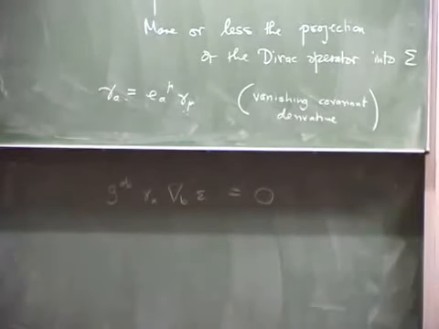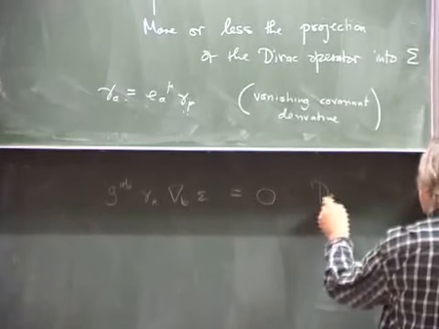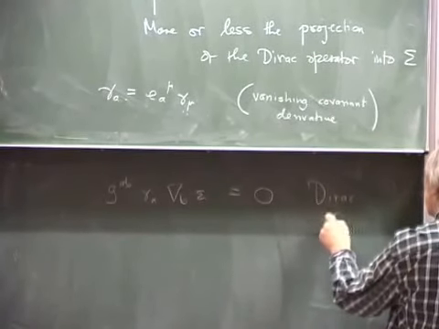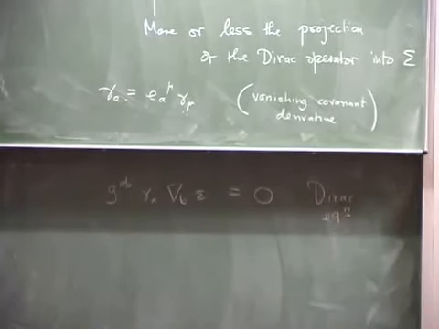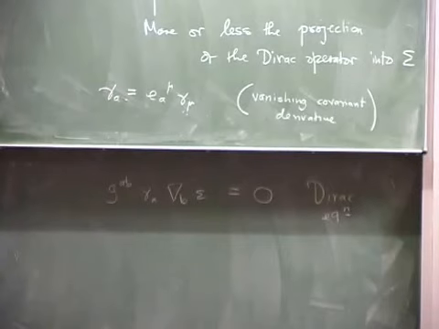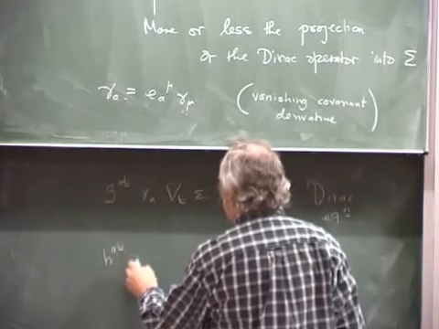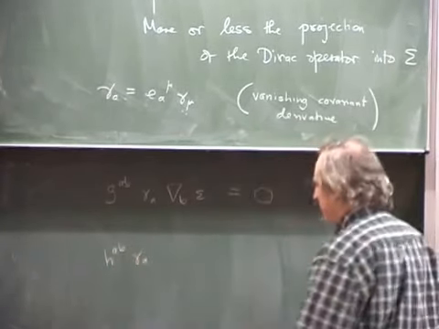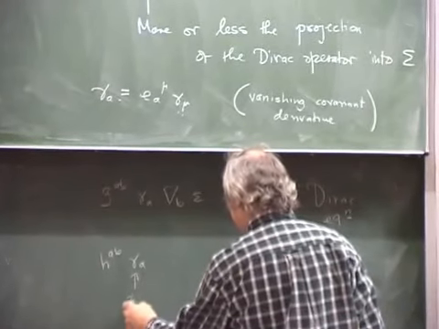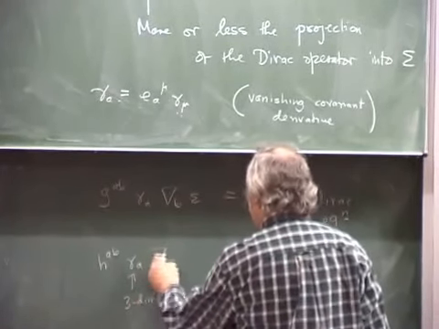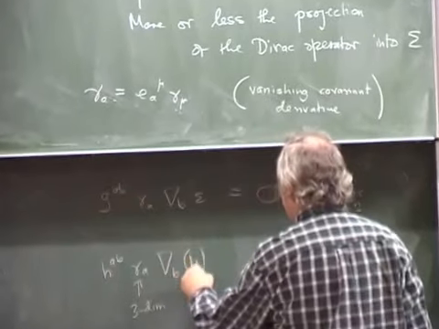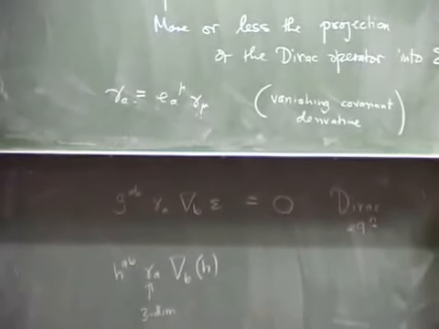That's a Dirac equation. If you wanted to construct the Dirac operator in the surface sigma, you would take h^AB, gamma_A in some three-dimensional sense, del_B built out of h and its associated Vierbeins.